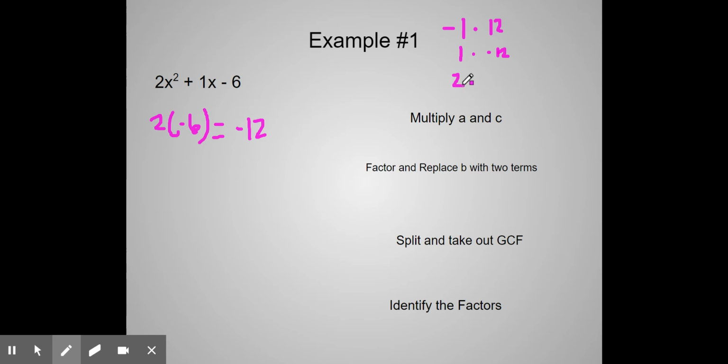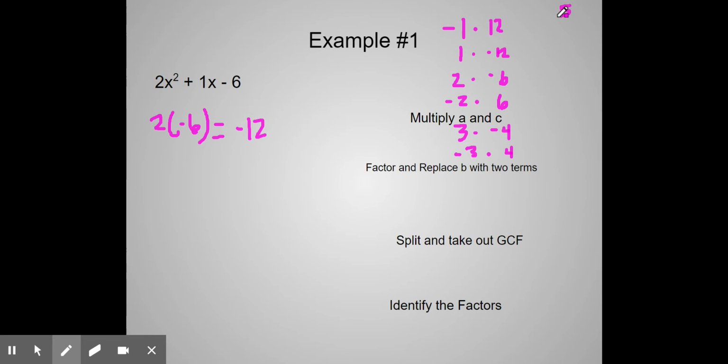Let's go 2 times negative 6. Let's go negative 2 times 6. There's going to be a little overlap here, no problem. 3 times negative 4, and negative 3 times 4. So you've seen this before. You've seen this strategy, so this is going to be the same.